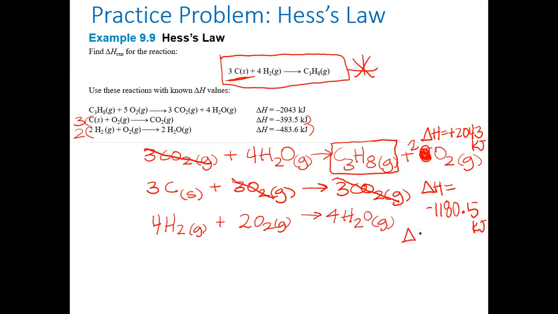And then my delta H for that reaction will be 2 times negative 483.6. So you get negative 967.2 kilojoules.